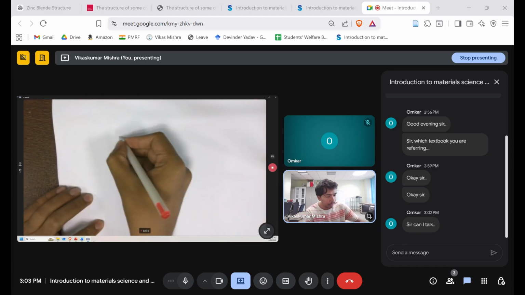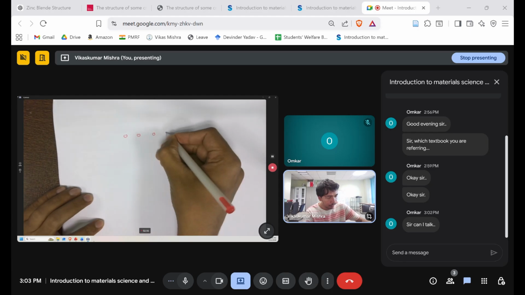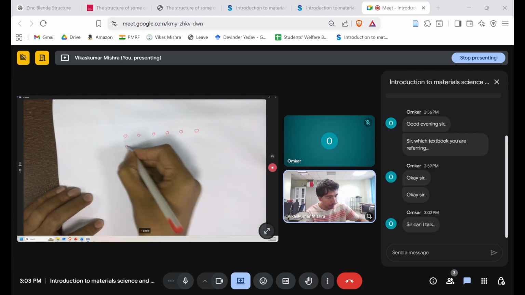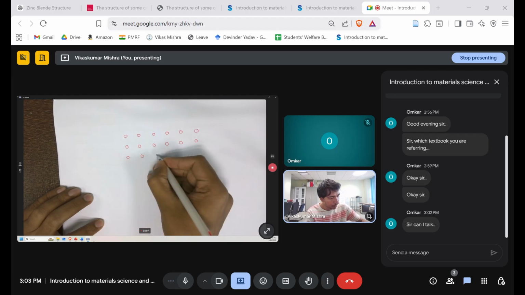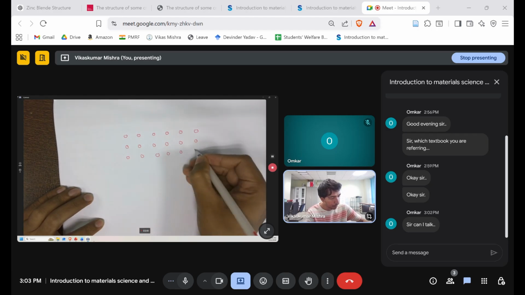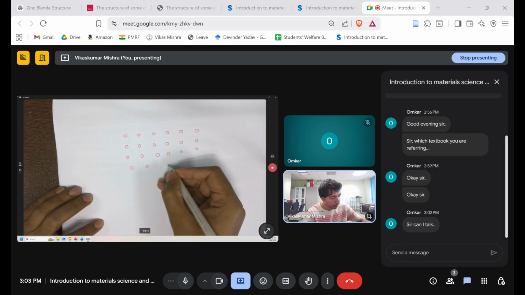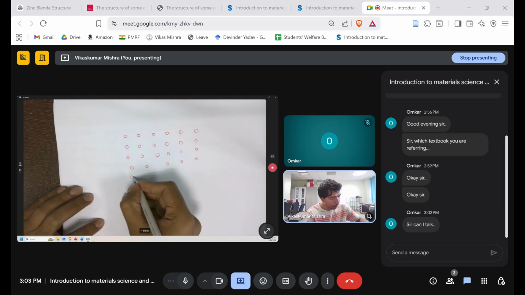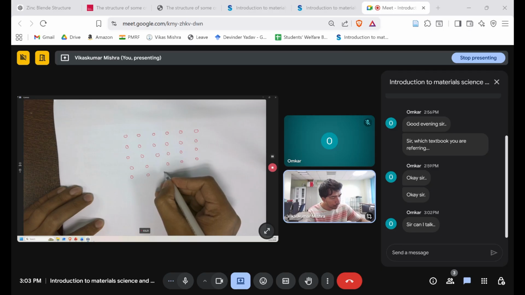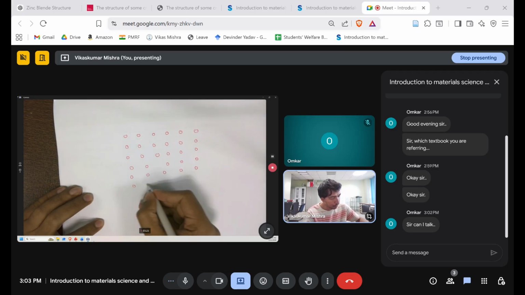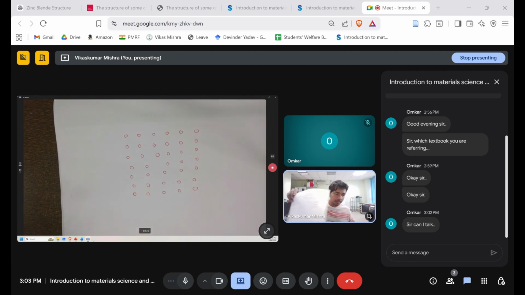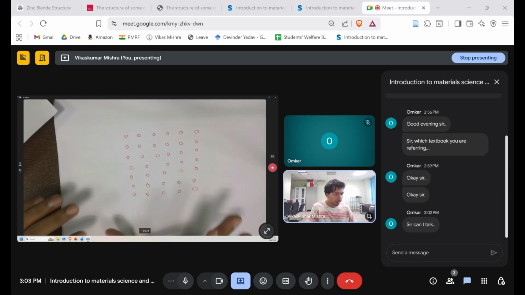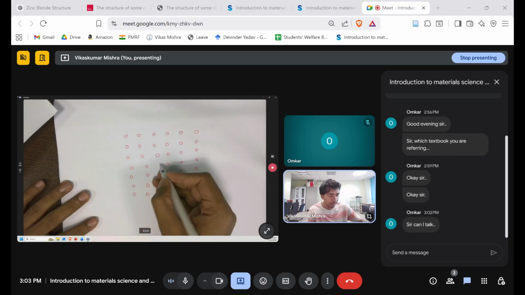What we'll do is, let's make a crystal. So now we can see that I made a lattice, and this particular part is a dislocation line.